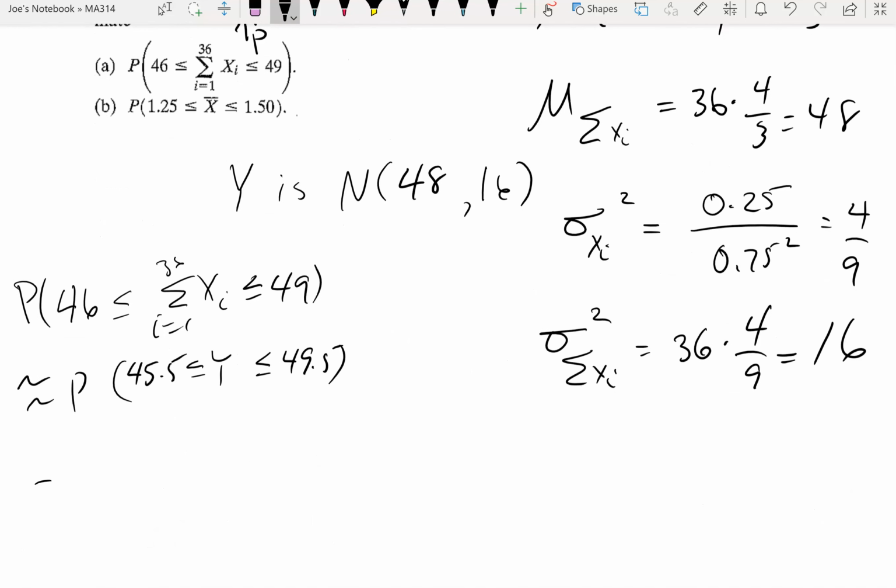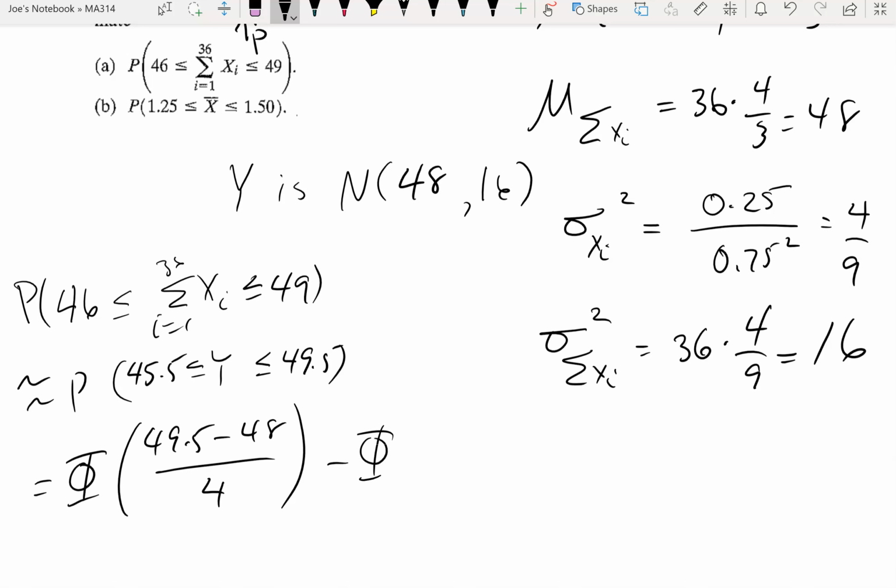So then this will be phi of the 49.5 minus 48 over 4, minus phi of 45.5 minus 48 over 4. That's right.